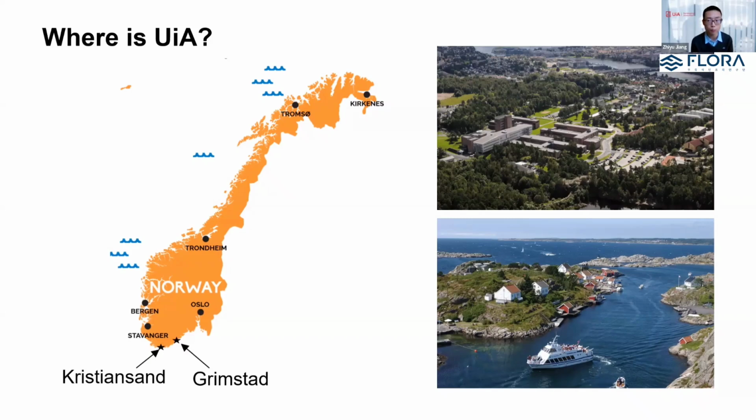My Department of Engineering Science is located in Grimstad, which is a very beautiful, relatively small city, a wonderful place to visit, especially during the summer. If you have ever been to Norway, you would know that the capital is Oslo, and we also have major cities like Bergen, Trondheim, Stavanger, and Tromsø in the north.